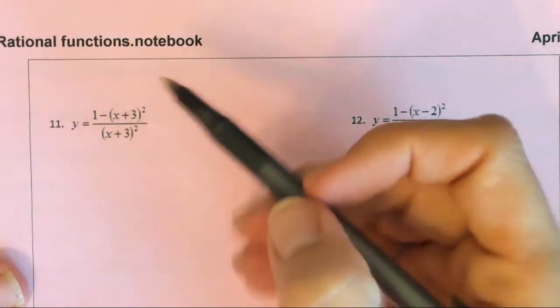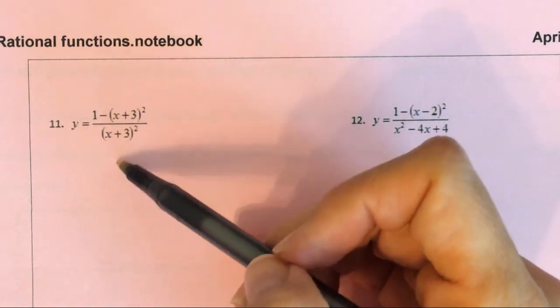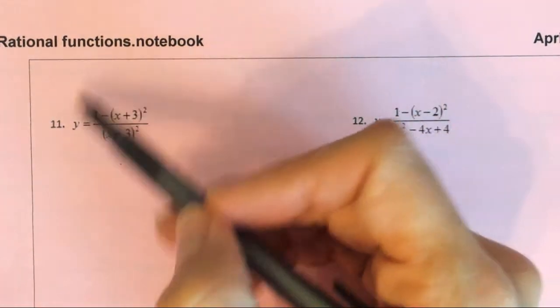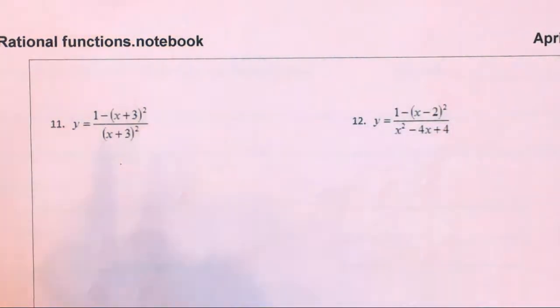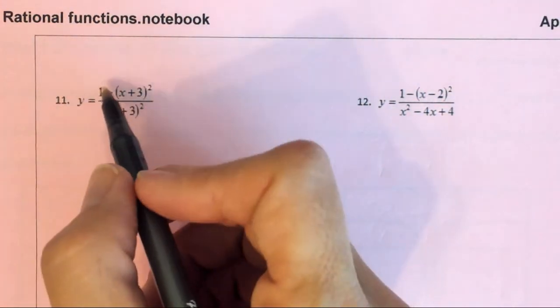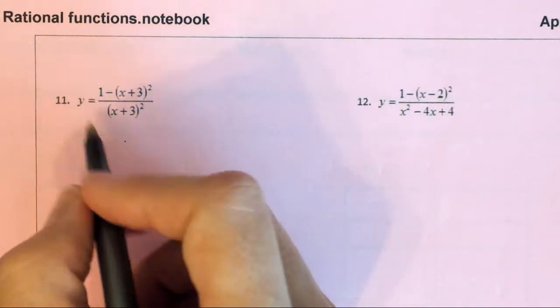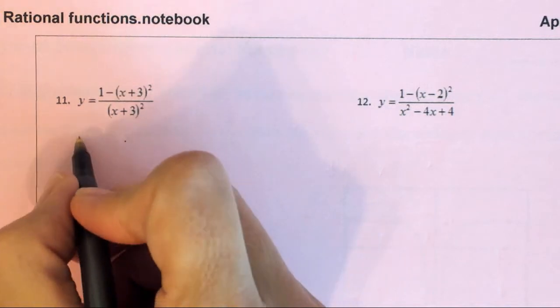11. On 11, they try to do a little bit tricky here. You just have to know how to rewrite this. So what we're going to do is rewrite this one fraction as 2 different fractions, and hopefully you'll notice what happens. So I've got 1 minus (x plus 3) squared over (x plus 3) squared. So we're going to write one fraction as 2.